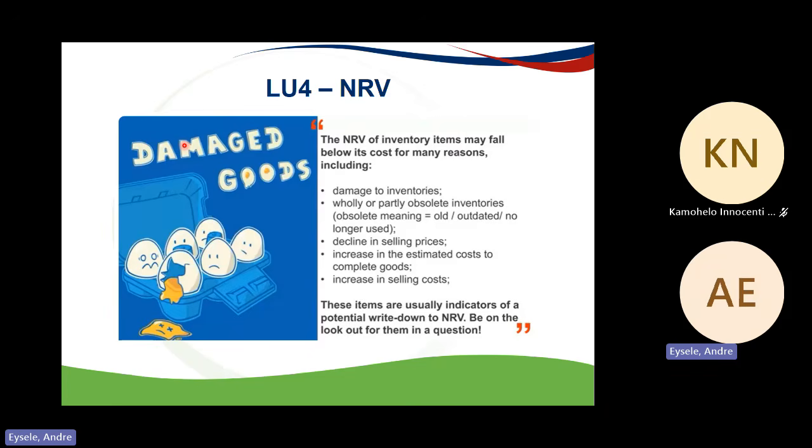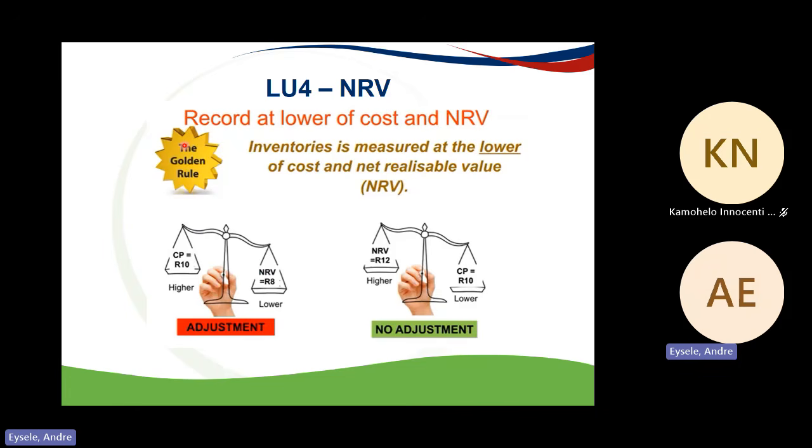These are usually indicators of a potential write down to NRV. Be on the lookout for them in the question. When we state that there's a decline in selling price, that selling costs will increase, or that part of the items are damaged, you need to do a write down. There can be a decrease in the value of the inventory items as per the specific entity.